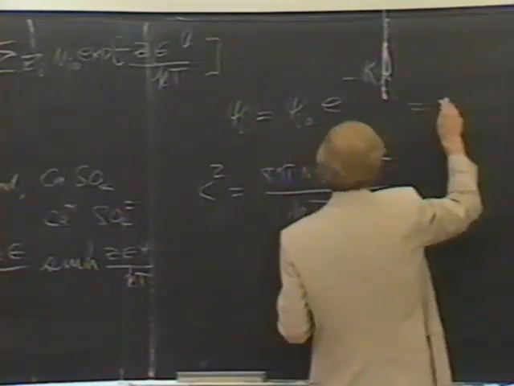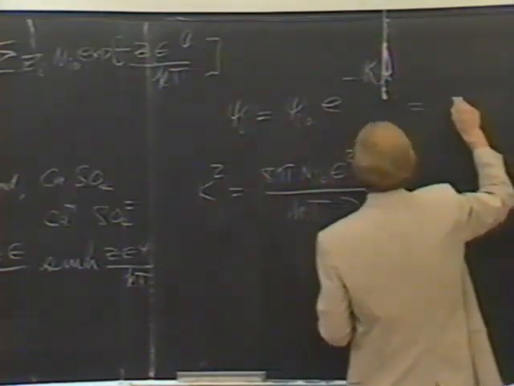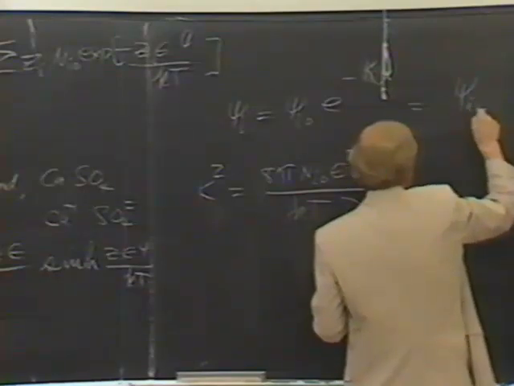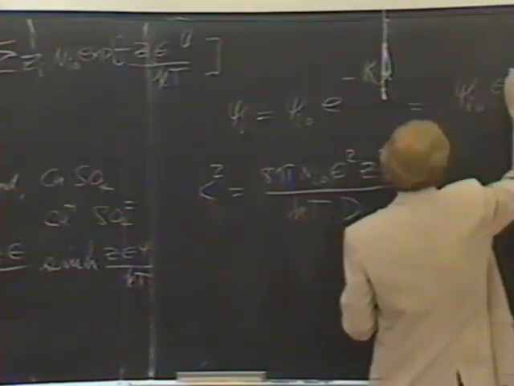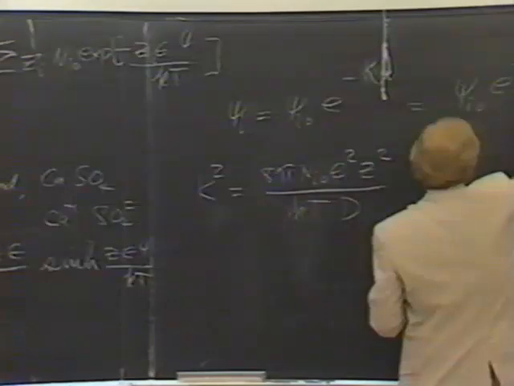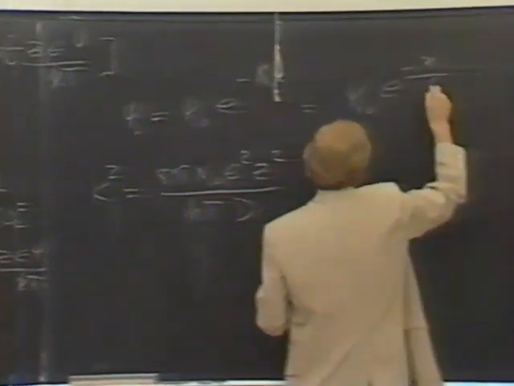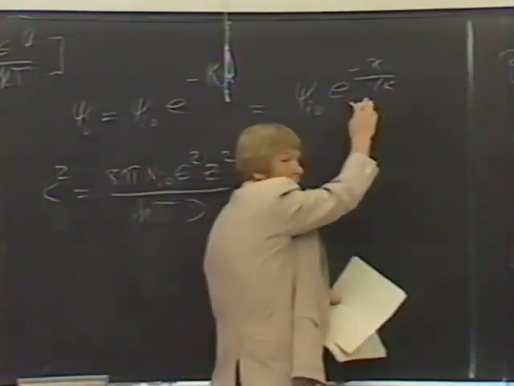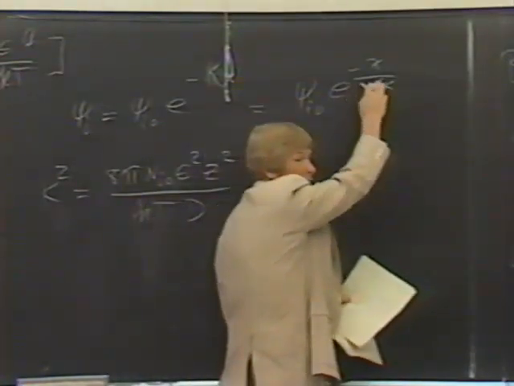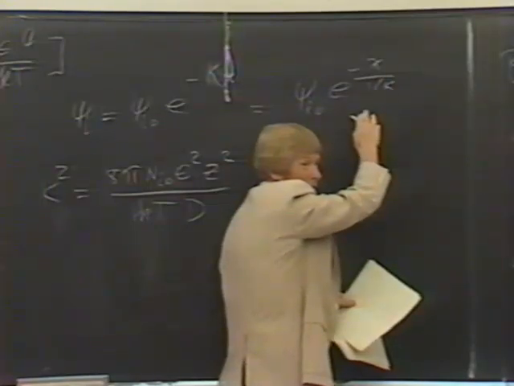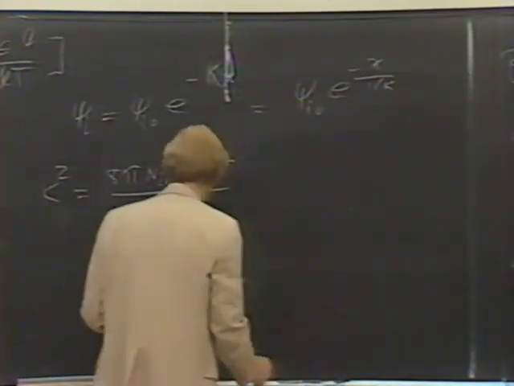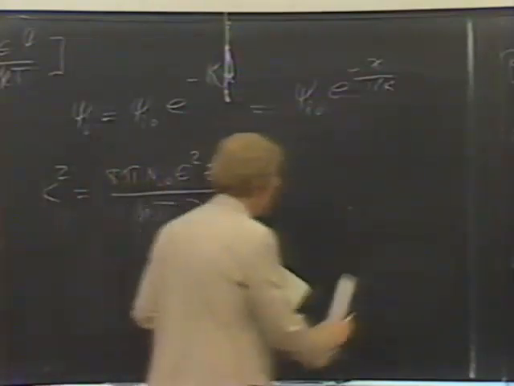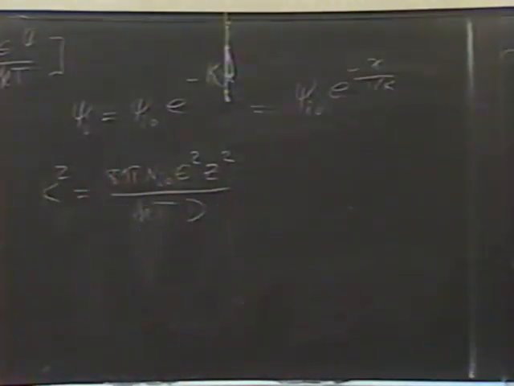And 1 over K is approximately the distance to the center of gravity of an ion cloud.